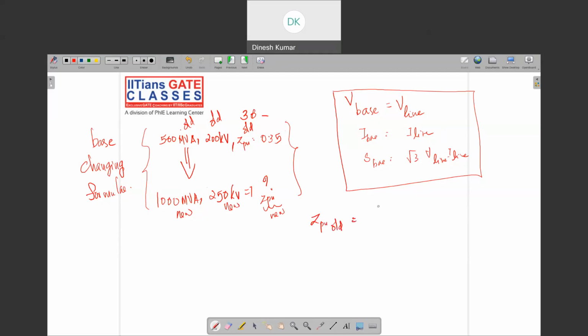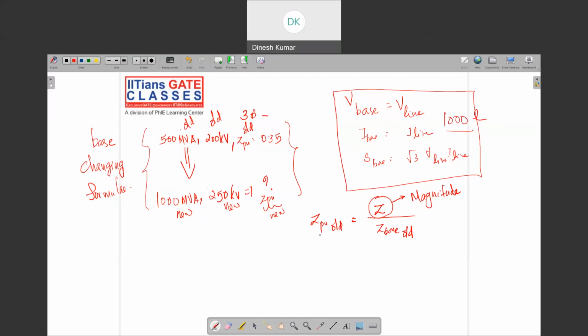That is basically Z divided by Z base old, right? This Z is the same magnitude and doesn't change with the base, because if I have something like 1000 ohm, in one base it is 1000 ohm, and in the second base also it will be 1000 ohm.